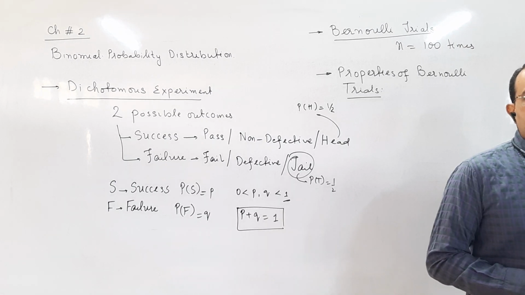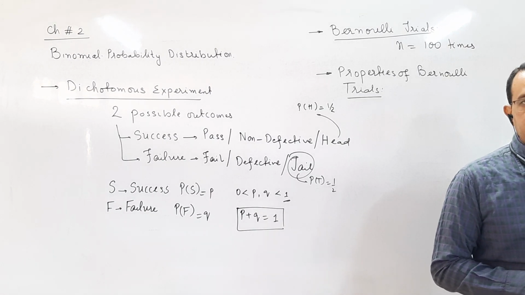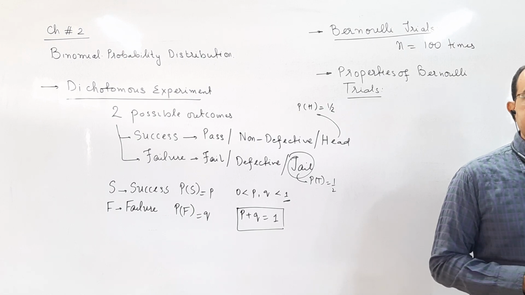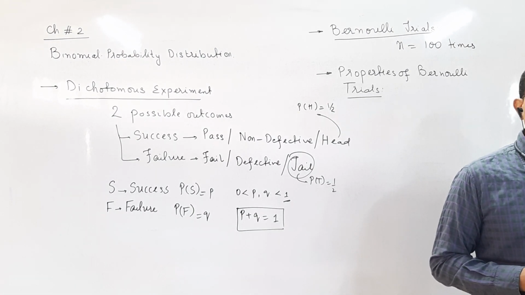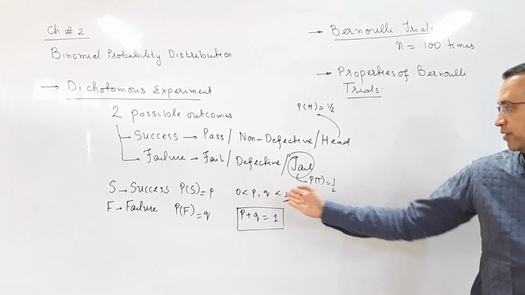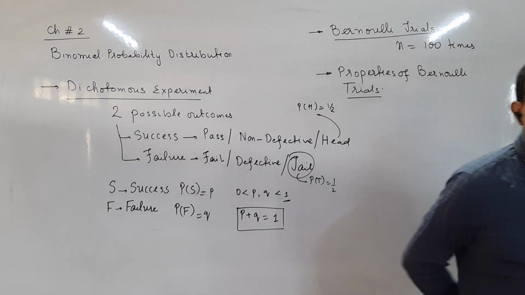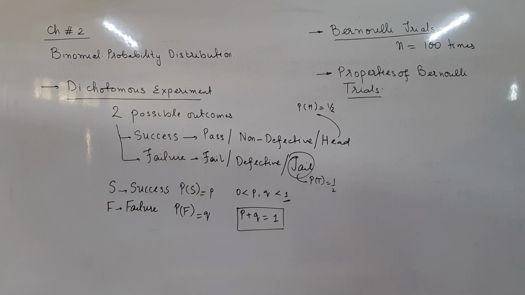So in Bernoulli trials, the success and failure events are mutually exclusive and exhaustive, and their individual probabilities are small p and q such that p and q lie between 0 and 1, and the addition of the probabilities p and q is equal to 1. So these are the three basic properties of Bernoulli trials. One of the possible questions on this topic is: define Bernoulli trials and state its properties, asked in examination for 3 marks.